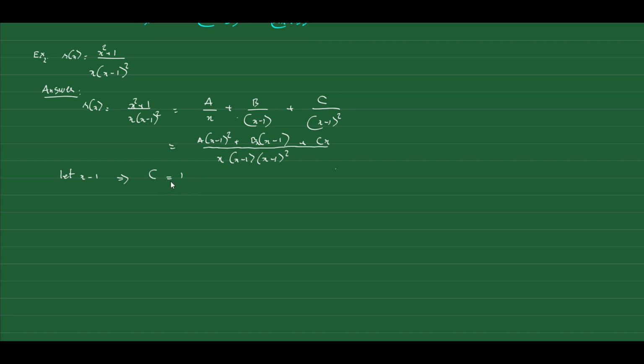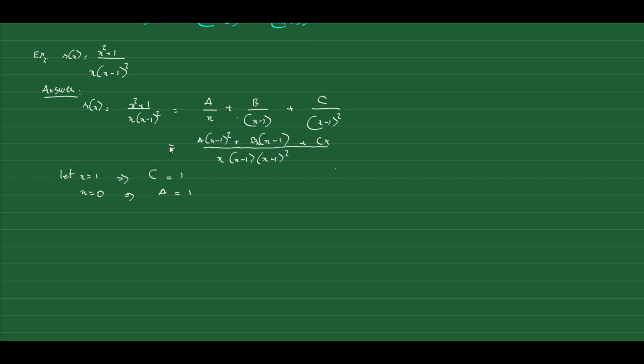Now, let x equal 0 and let's see what happens. With x equal to 0, you have A equal 1 also, right? Because the other terms become 0, and you have 0 minus 1 squared. So A equal 1.